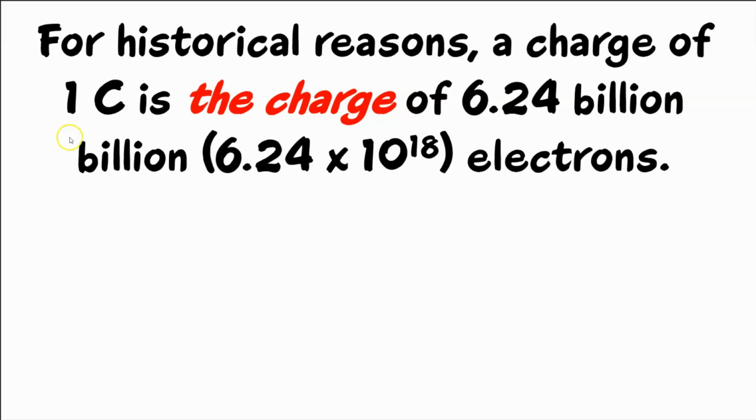We're not saying that 1 coulomb is equal to 6 quadrillion electrons, but to the charge, the energy of 6.24 billion billion electrons. And here's certainly where our scientific notation is coming into play and helping us here. 6.24 times 10 to the 18th.